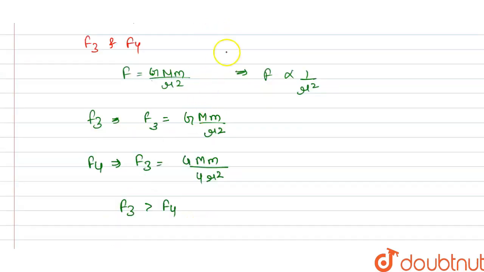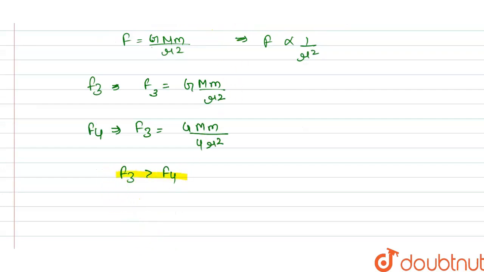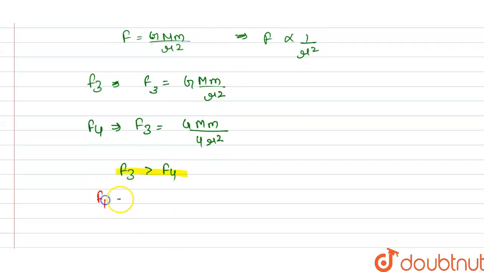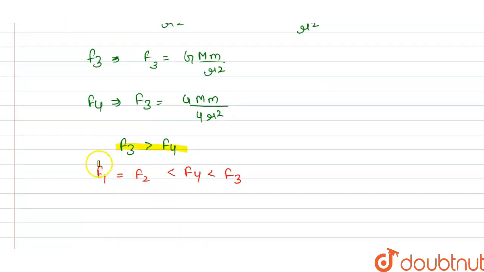In conclusion, F1 is equal to F2 and these are less than F4, and F3 is greater. Maximum force is acting on the third particle, which lies at a distance of r from the center.